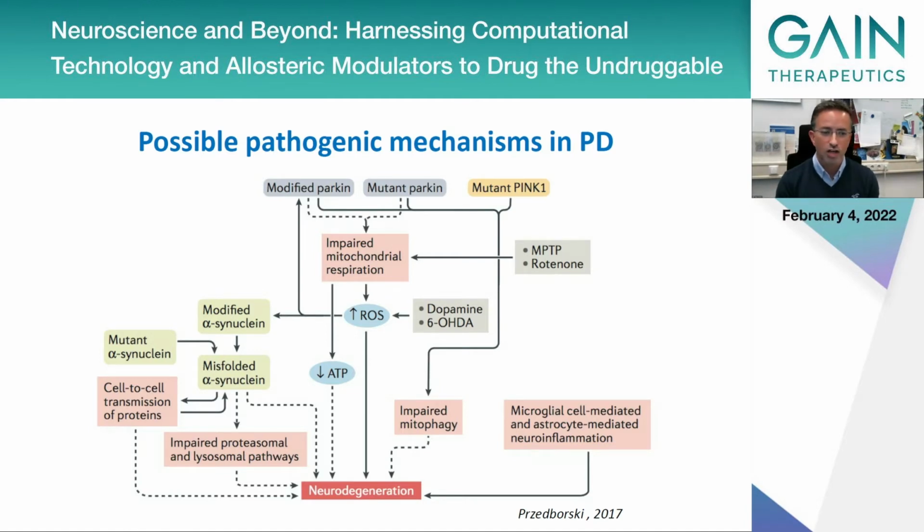And then we have other concepts like the spreading of pathology and the impairment of the quality control mechanisms in the cell that would normally be able to clear and degrade the protein aggregates. So next slide, please. For the remainder of my talk, I will focus on these particular aspects of Parkinson's disease because they are more relevant for what we're talking about here. So next slide.